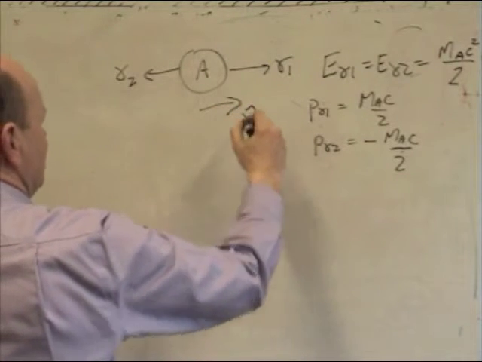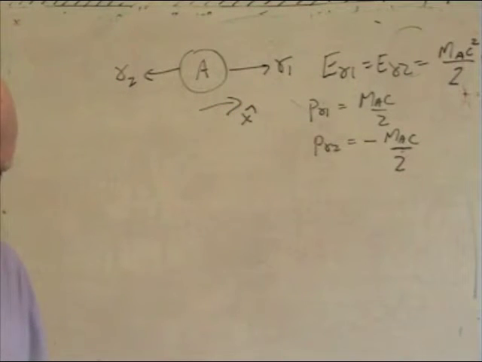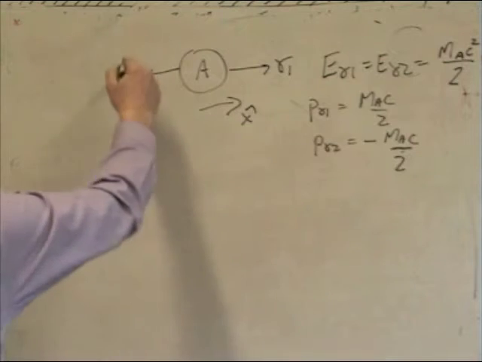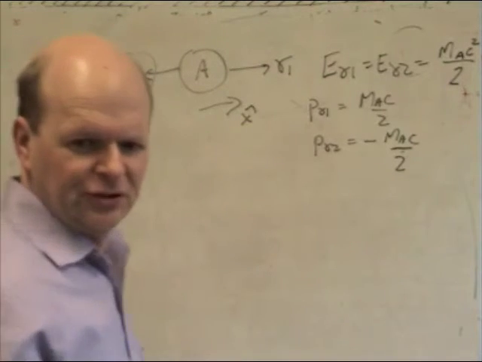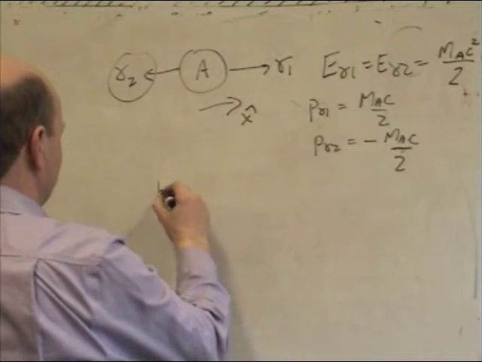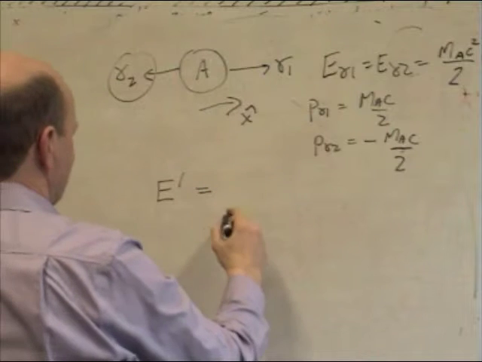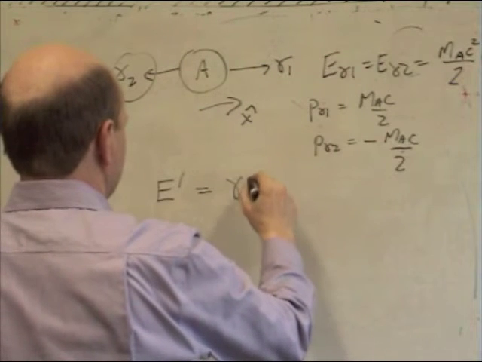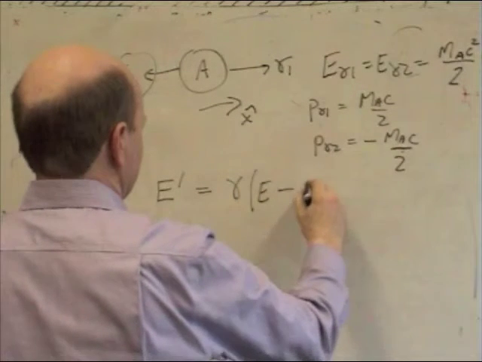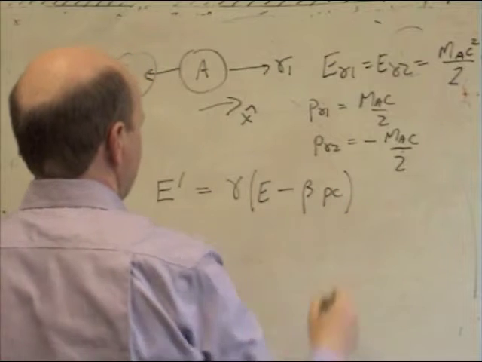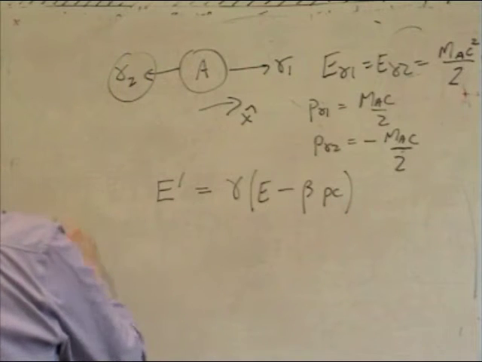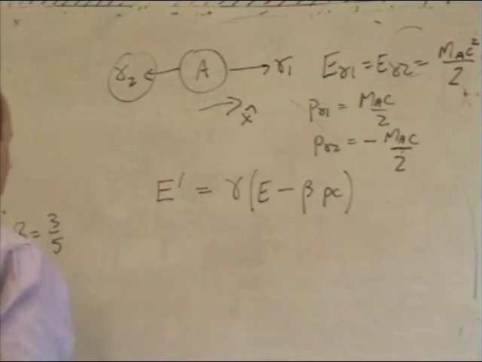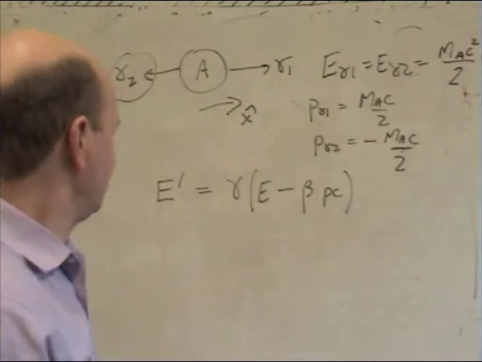Right, so the next part of the problem, part C, asks the question, what's the energy of photon 2? Right, now for photon 2 we again write down the Lorentz transformation, so that E primed equals gamma times E minus beta PC. Now we know that beta equals 3/5, and so we can solve for E primed as long as we put in the right E and PC.